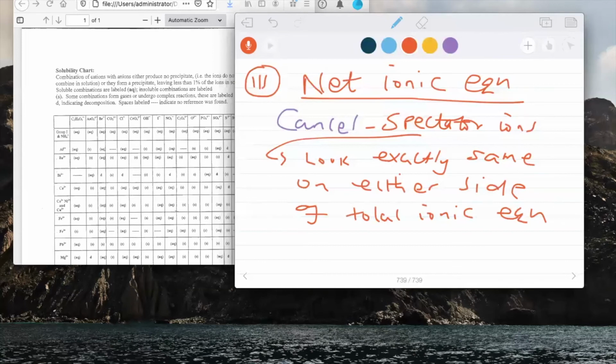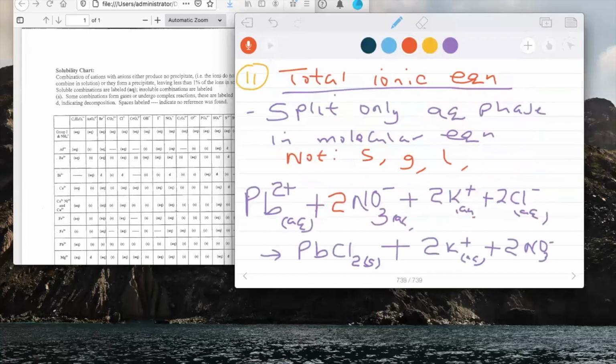Once you take care of the spectator ions, I will go back to the example here, and I'll show you the spectator ions. This is the same as what I have here. It should have been aqueous. So I'm just going to cancel that. I also see potassium here, looks exactly the same as this.